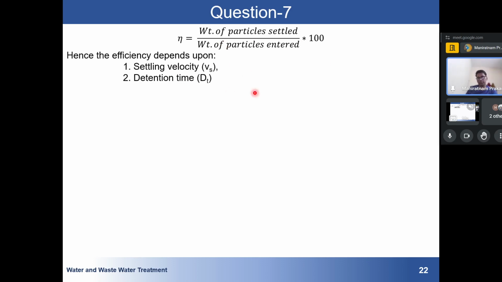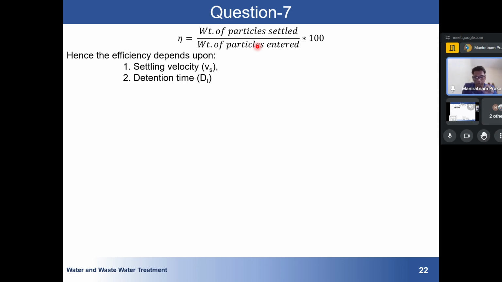So from this I can say that how much particle will settle depends upon two things: settling velocity and the detention time. For how much time you have kept your suspended solid in the sedimentation settling zone. If you are providing sufficient time, then obviously it will settle down. Sorry, I said it wrongly.